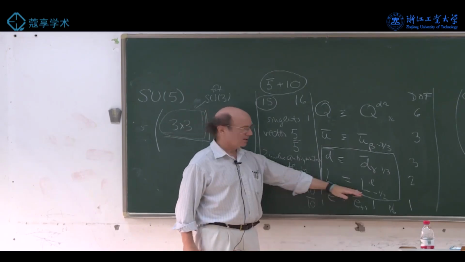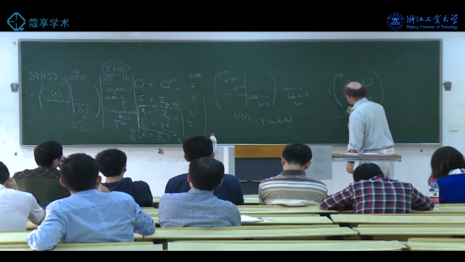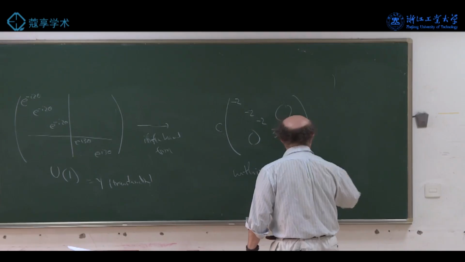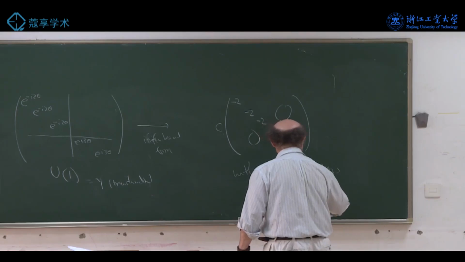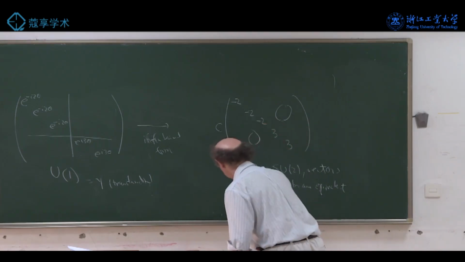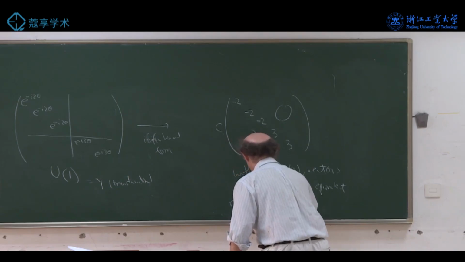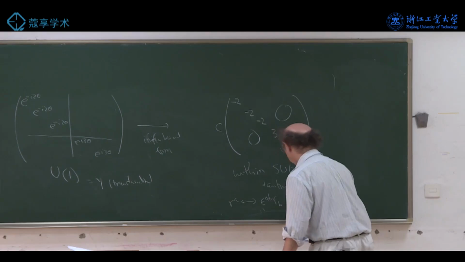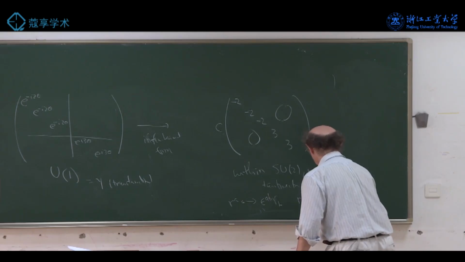But that is actually not a serious problem, because within SU2, vectors and anti-vectors are equivalent. If we have a 2-dimensional vector R sub A, we can trade it in, using the invariant anti-symmetric symbol, for an R sub B, or if we have an R sub B, we can trade it for an upper index thing.